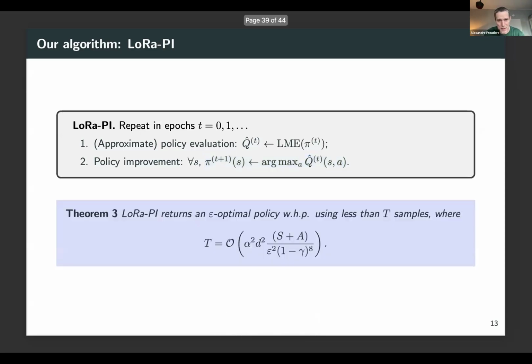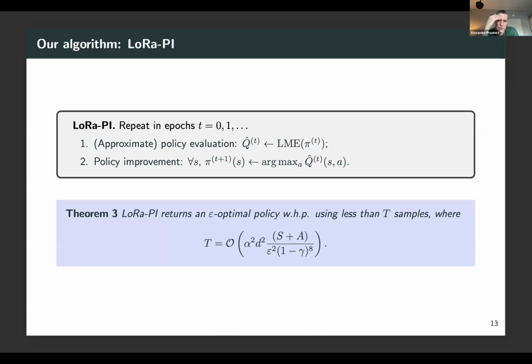And if we plug in our guarantees for the low rank matrix estimation of Q pi, and we essentially run this algorithm, we show that with high probability and using less than t samples, you get an epsilon optimal policy, provided that the sample complexity is scaling at most as alpha squared d squared (S plus A) divided by epsilon squared (1 minus gamma)^8.